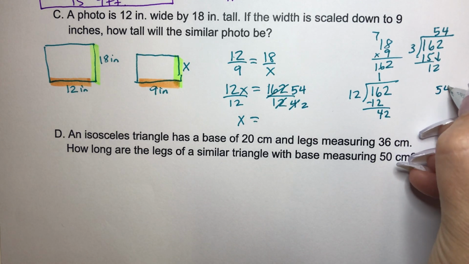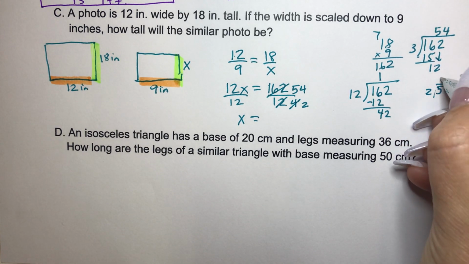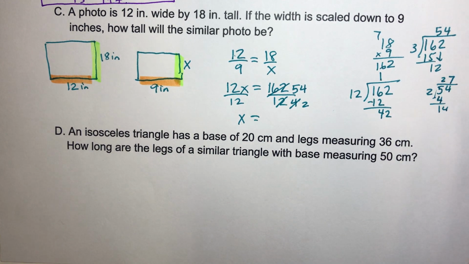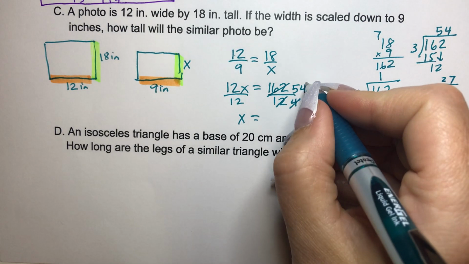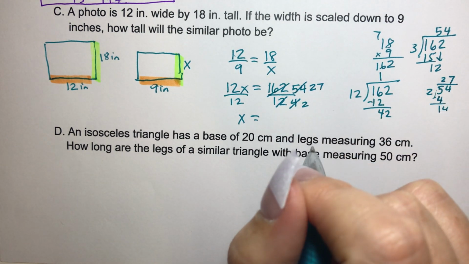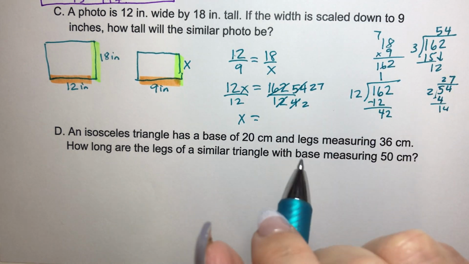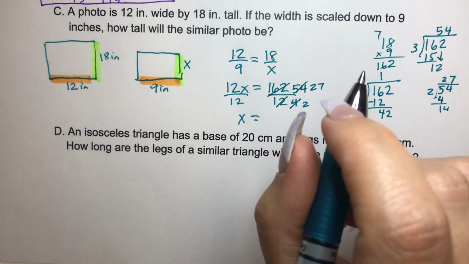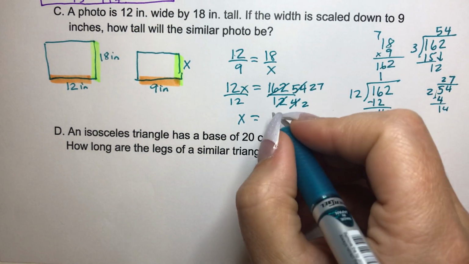I'm not sure. 2 goes into 5 2 times. 2 times 2 is 4. 1, 7. Okay, so 27 times. So there we have 27 over 2, which would be, I think, 13.5, right?